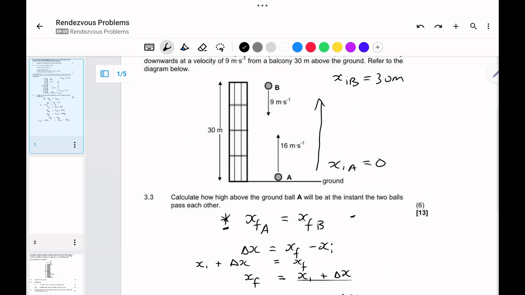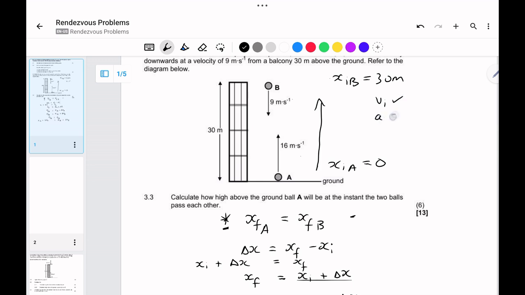We're going to need an equation of motion for the displacement of A and B. So what do we know about A and B? We know an initial velocity. It's either 16 or 9 meters per second, up or down. So we need an equation that has initial velocity in it.